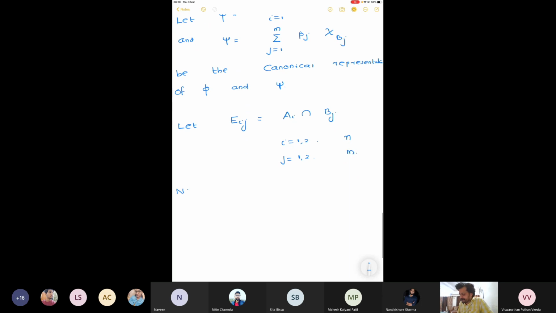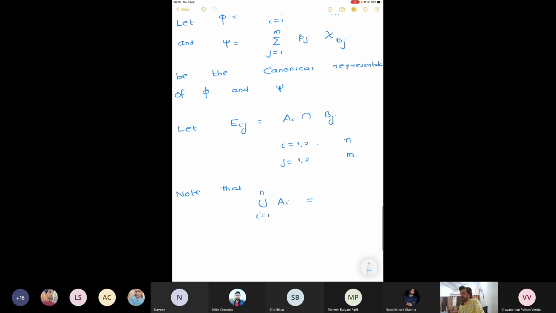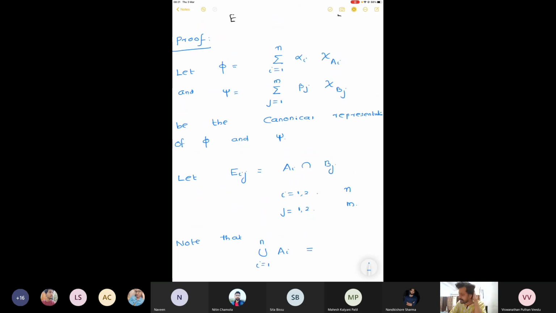Note that union of A_i, i equals 1 to n, you have to tell what this will be. I have commented on this in the last lecture. If alpha i chi A_i is a canonical representation of phi, what can you say about the A_i's? Yes.